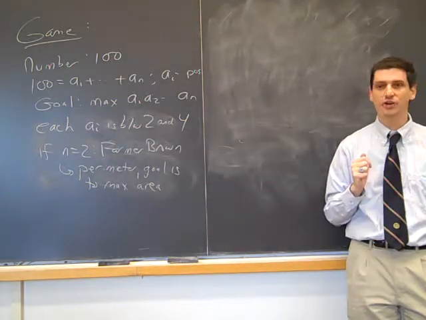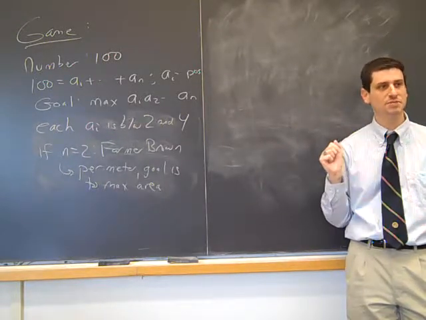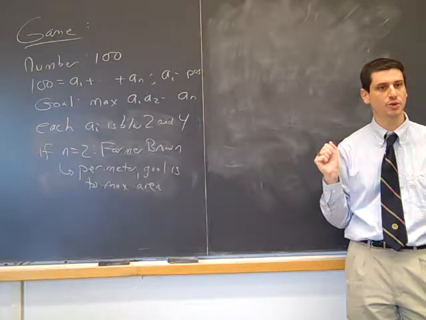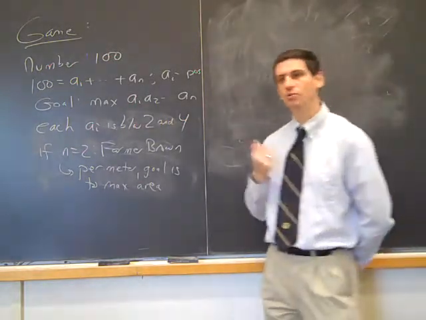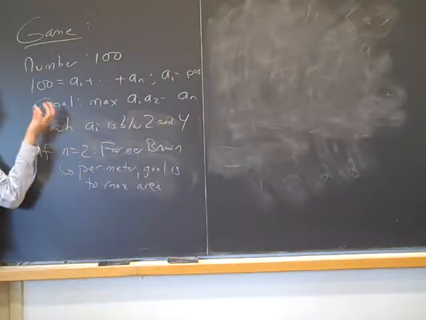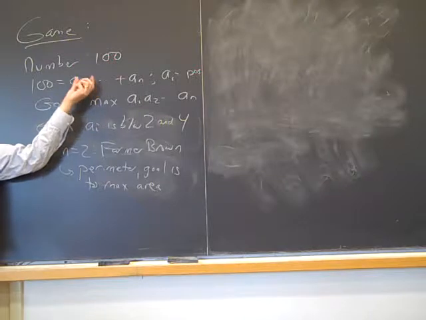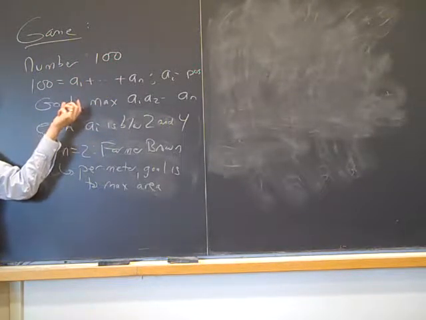So we want to try to figure out how to do this. There are two levels of maximization, two levels of optimization going on. It's going to be a two-step process, and in doing this, we're going to review almost all of Calc 1. First, I'm going to fix a value of little n, and I'm going to see what's the best I can do for a fixed value of little n.